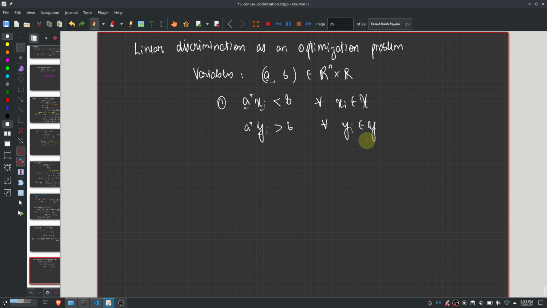Any other constraints? That the x and y are given to you. So there's nothing to optimize over.